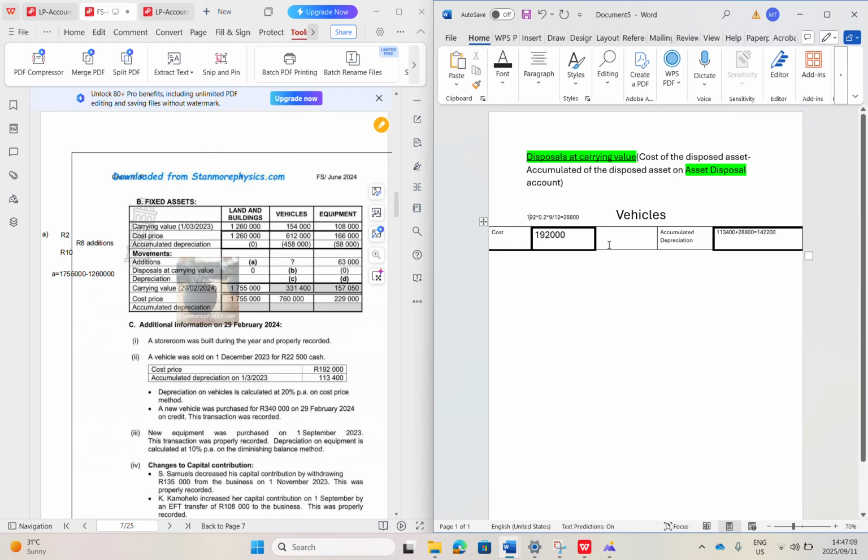But you take this one minus this one, and you'll get that letter B is equal to 49,800.